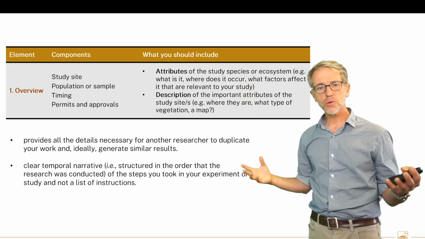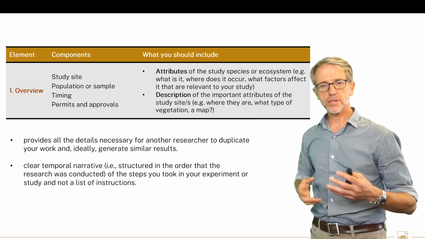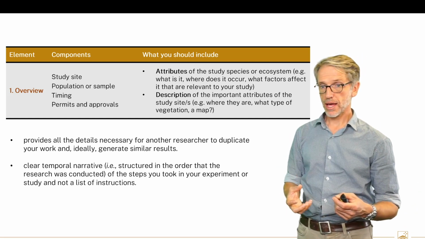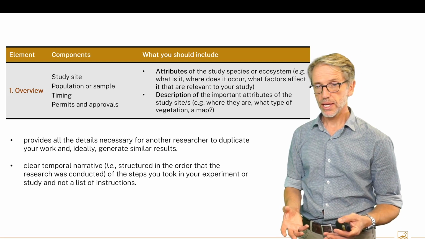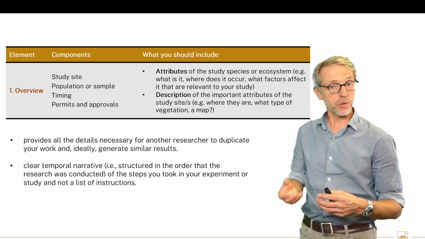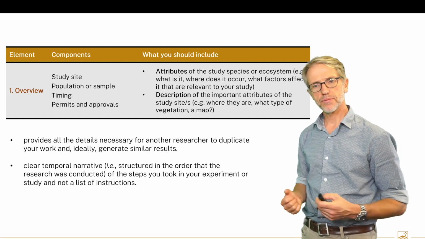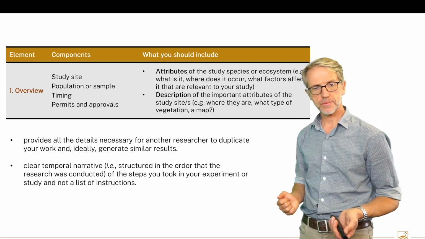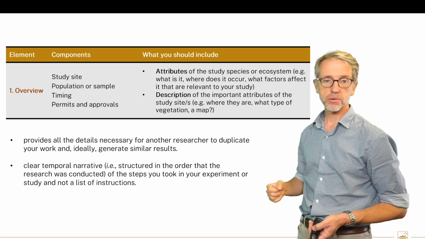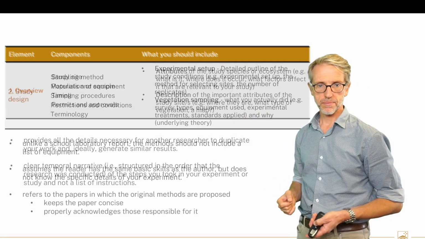It provides all the details for another researcher to come in and conduct maybe another piece of work in exactly the same place on the same species. So different questions could be asked perhaps of the same population. And of course, there needs to be this clear temporal narrative that I've described already.